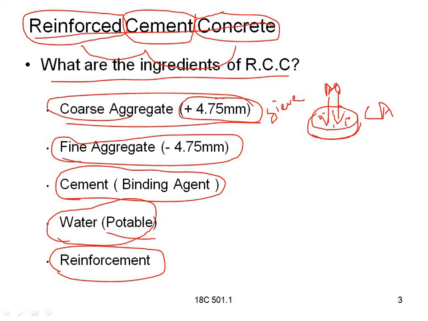The material which passes through the 4.75 mm sieve to the bottom, down to the last sieve, is called fine aggregate. So remember, this is very important. These tests should be done in the laboratories compulsorily before using in the mixing of concrete.